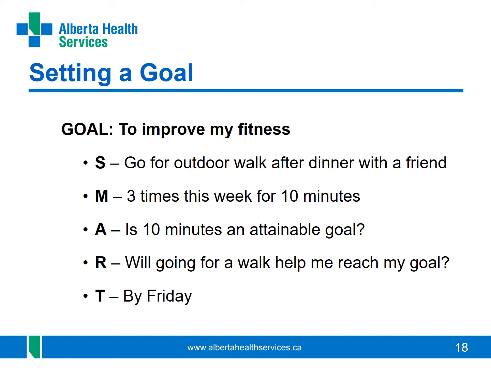After dinner, maybe I've already told a friend and we're going to go outside, then we can plan accordingly. Measurable, so I'm going to do it 3 times this week for 10 minutes. So now I have a frequency, I have a duration, and now it is a measurable goal.